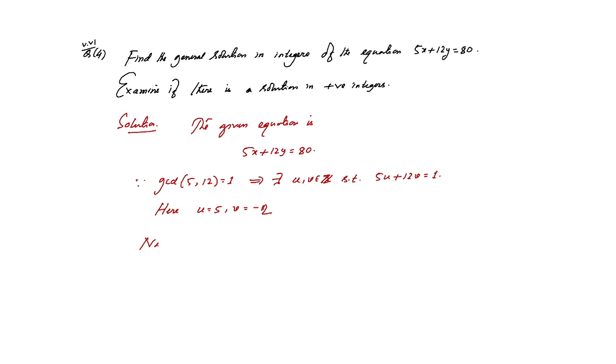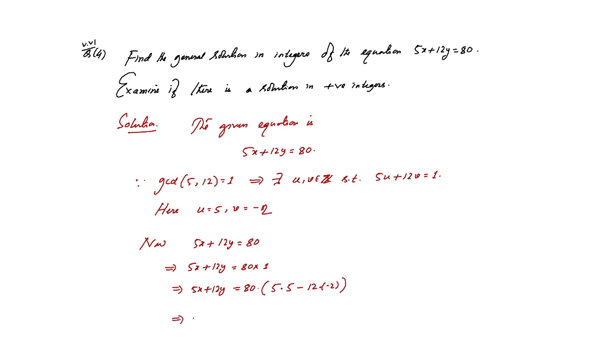Now what is exactly given? Our Diophantine equation is 5x plus 12y equals 80. You can think of it as 5x plus 12y equals 80 into 1. So in place of 1, we write 5u plus 12v, where u is 5 and v is minus 2.